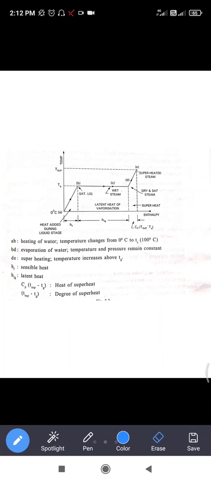If the heating is further continued at point D, the temperature of steam increases above the saturation temperature. The steam is then said to be superheated steam.